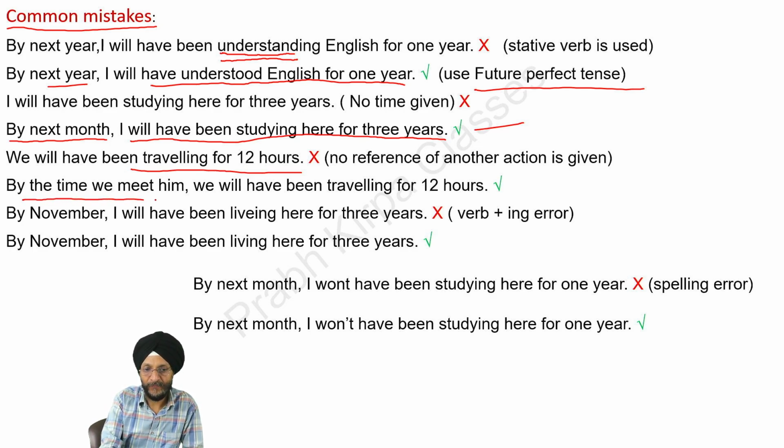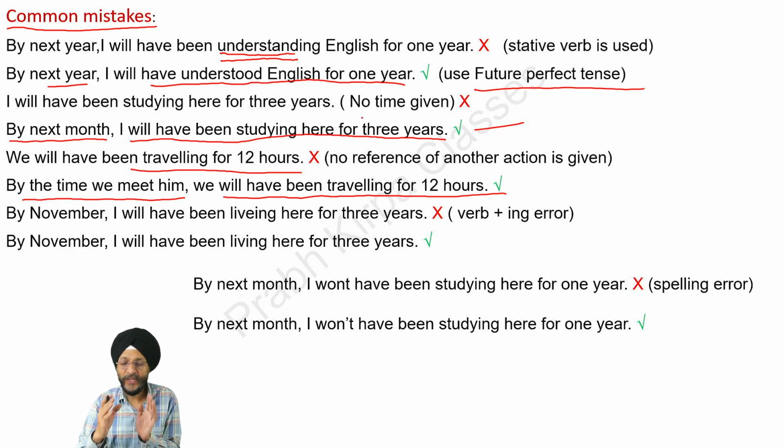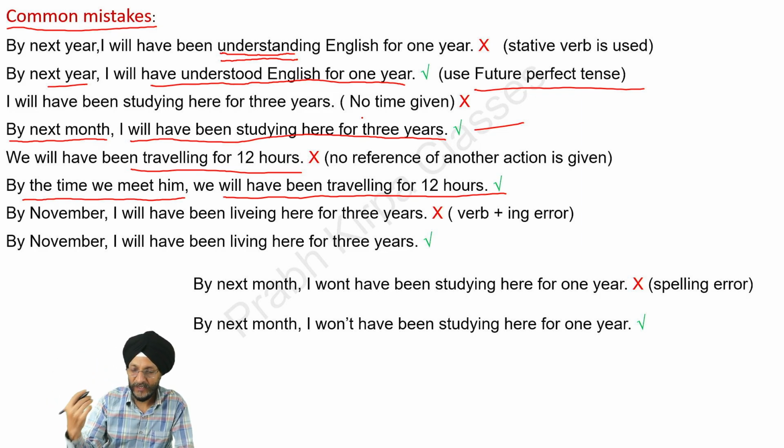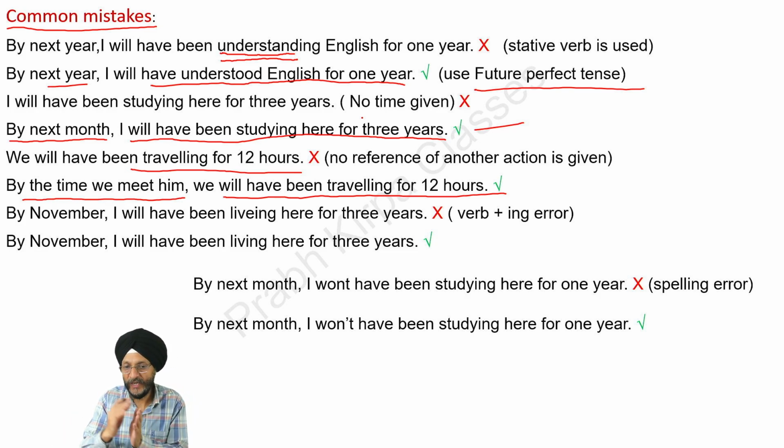By the time we meet him, we will have been traveling for 12 hours, or you can also write it as by 1 p.m. we will have been traveling for 12 hours. So here we have to give the reference of some deadline in the future or a reference of some other action in the future. Only then does the correct formation of the future perfect continuous tense take place.